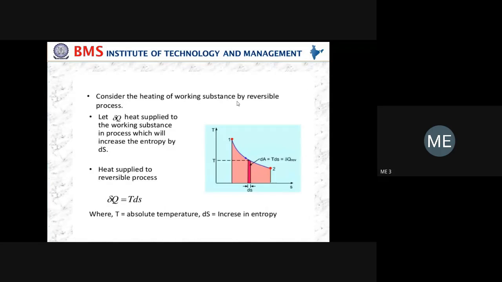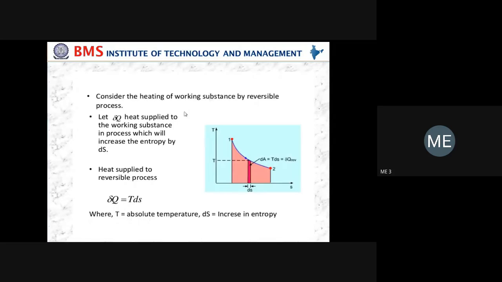In PV diagram, the y coordinate is P and the x coordinate is V, like that in TS diagram. So we have another diagram called the TS diagram, mainly related to heat transfer. Work done is represented with PV diagram and heat transfer is represented with TS diagram.